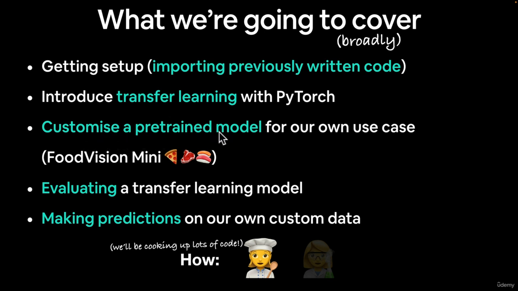We're going to customize a pre-trained model for our own use case, Food Vision Mini. That is our goal throughout this entire course, to make Food Vision Mini the best possible image classification model we can. We're starting with a dataset of pizza, steak, and sushi. We're going to evaluate a transfer learning model, and we're going to, of course, make predictions on our own custom data. We're going to be cooking up lots of code. And with that being said, let's code.